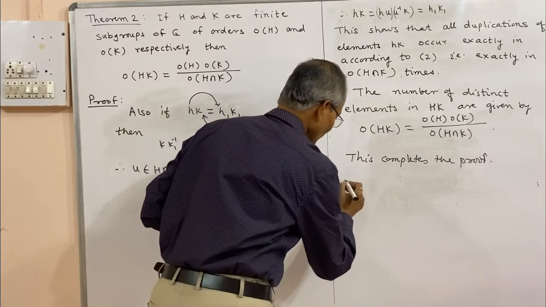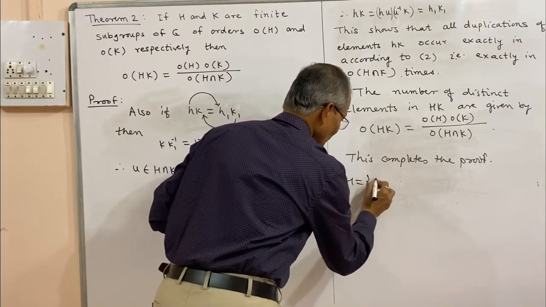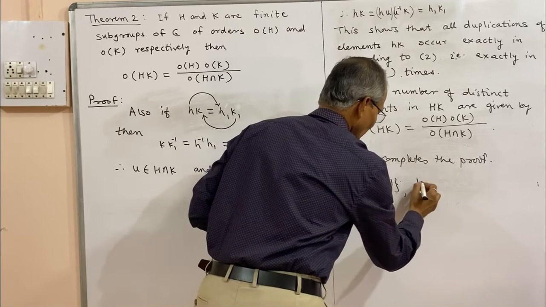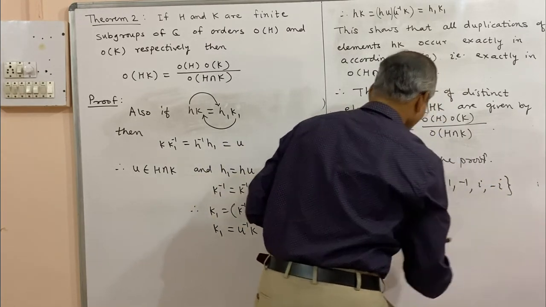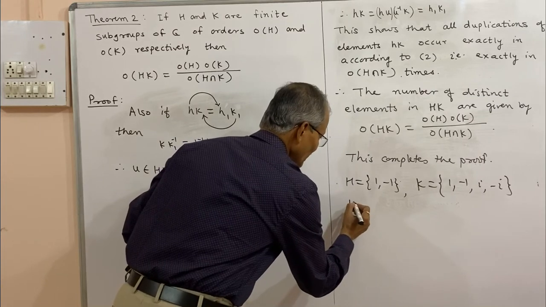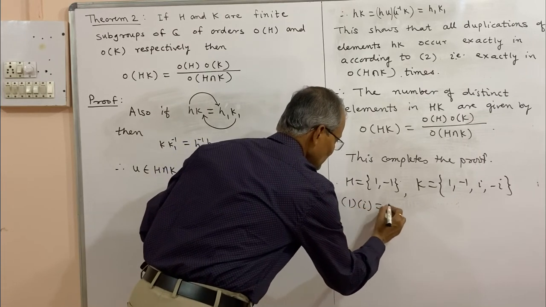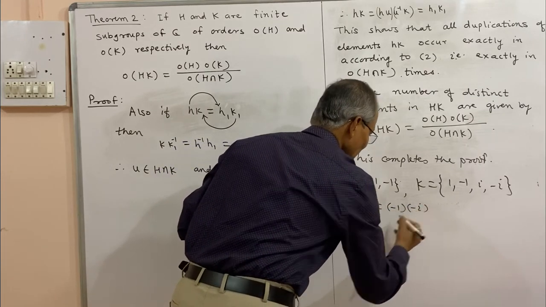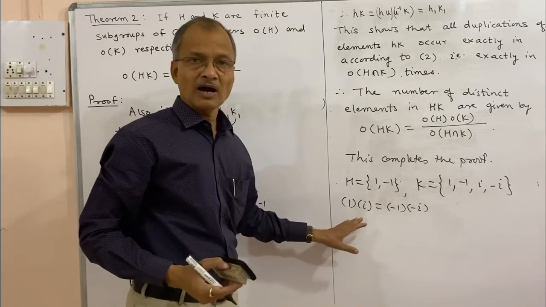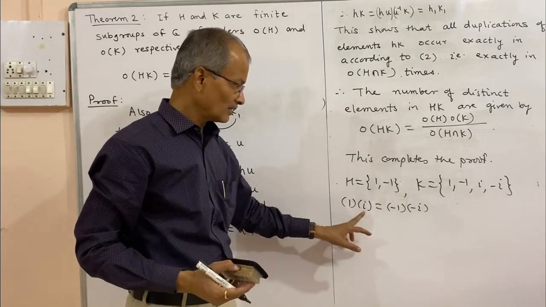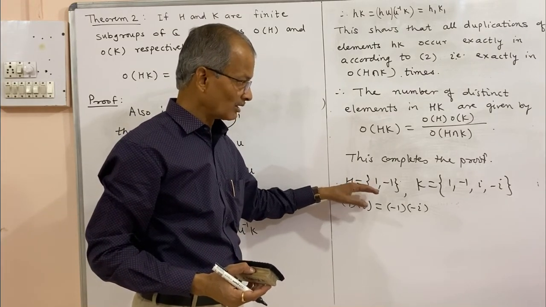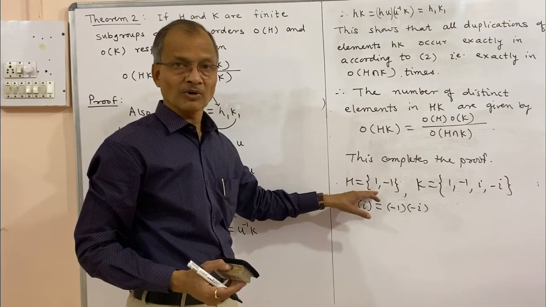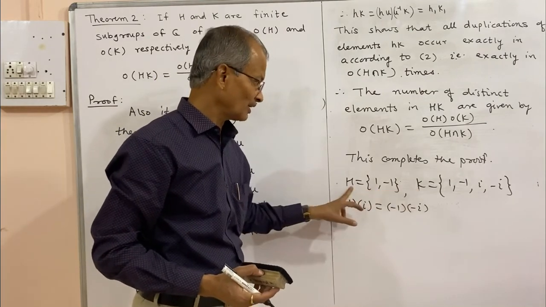For example, we have considered H as 1, minus 1 and K as this 1, minus 1, I, minus I. Then this element 1 into I is same as minus 1 into minus I. So this is duplicate element. I is equal to I, but it is written in two ways, and therefore such duplications occur here in two number of ways, because the intersection of H and K is 2.